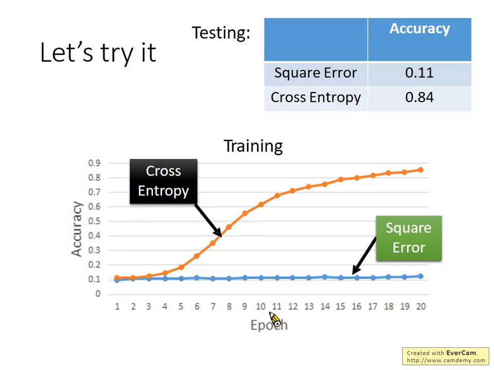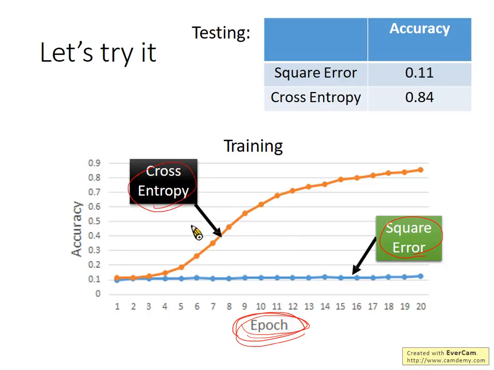The x-axis is the number of epochs, and we will introduce this term later. It is more like iteration. The y-axis is the training accuracy. We can see that if we use the square error, the training accuracy stays low.